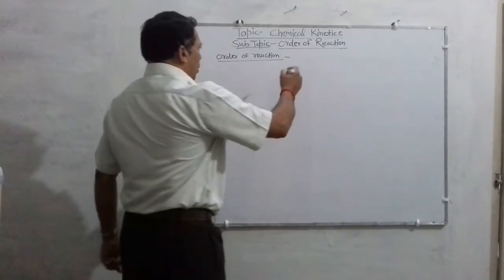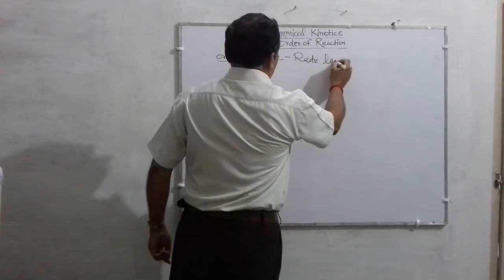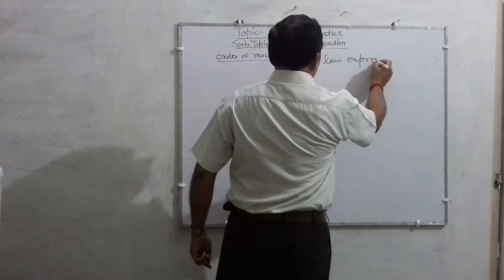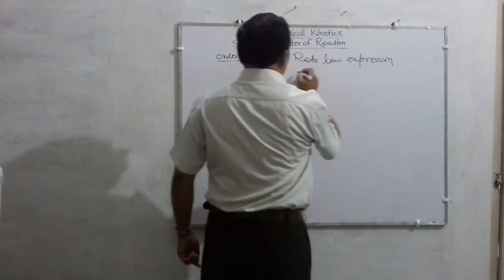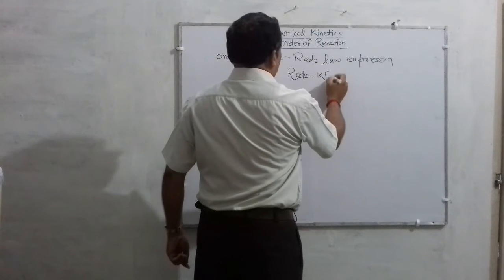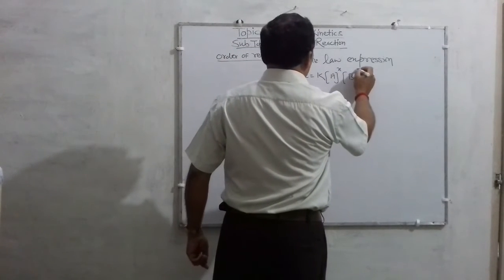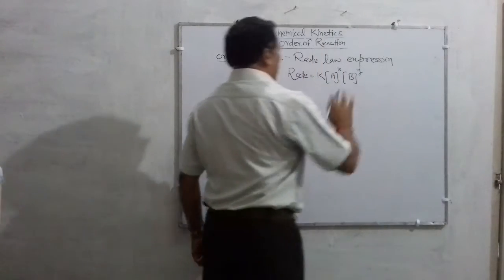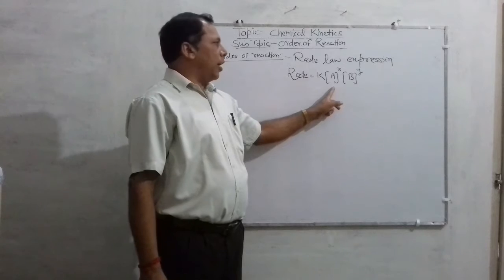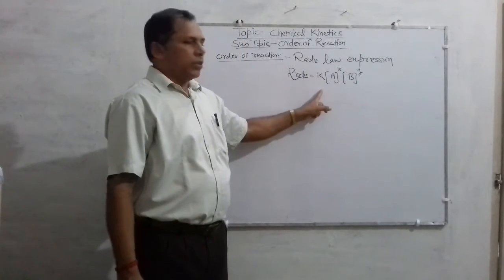On the basis of rate law expression, we know that rate is k [A]^x [B]^y. We have derived this very expression, and that was called rate law expression or rate equation.